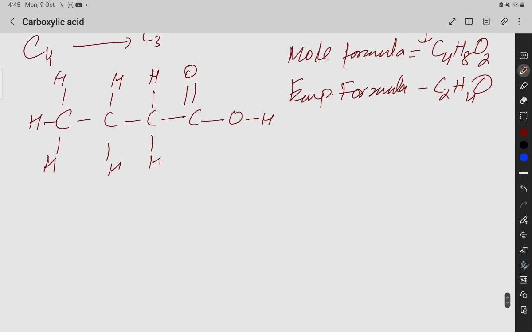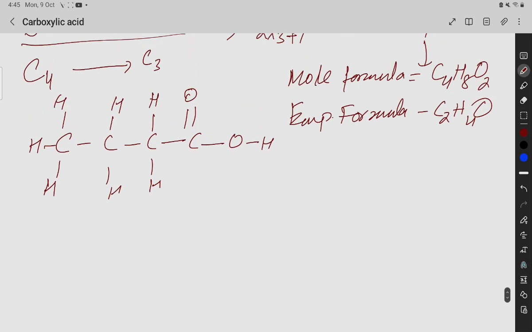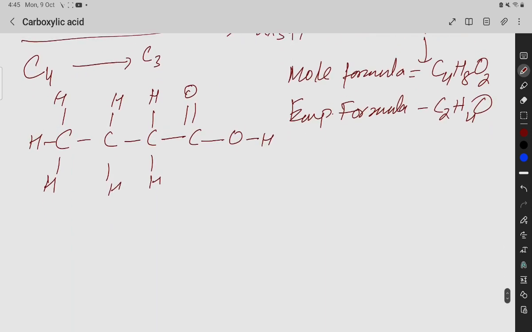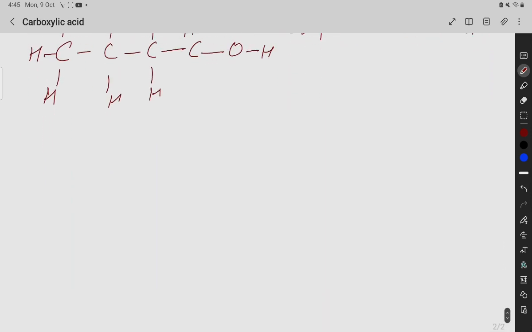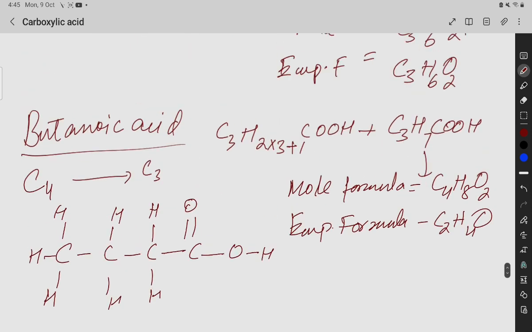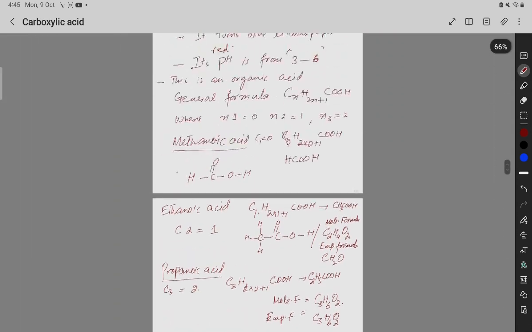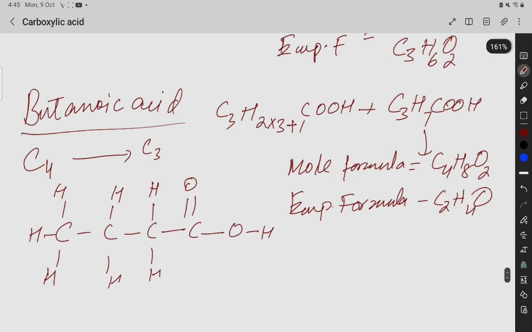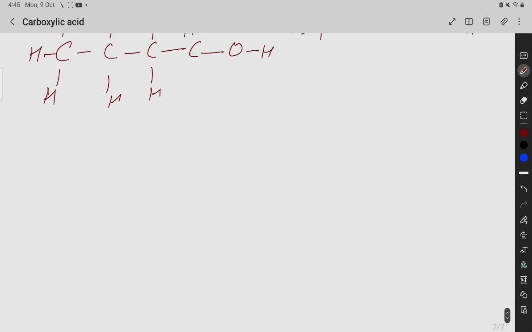So in this way you can derive all other carboxylic acids in the homologous series, ठीक है। So this is the structure and derivation of the formula of carboxylic acid.